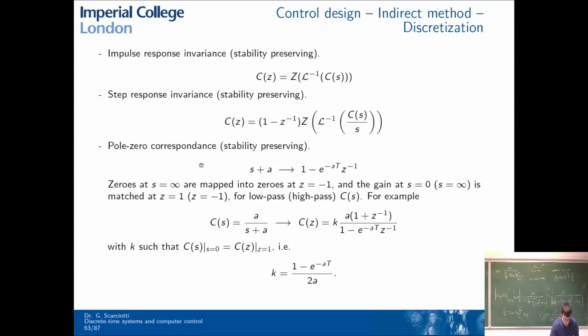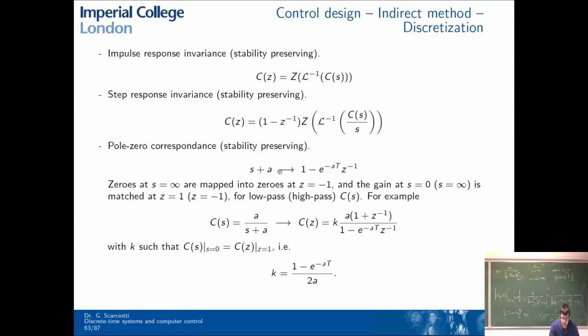Okay, so you know that a pole in continuous time is mapped in discrete time in the following way. Because we have seen that if this is a pole and we compute the inverse Laplace transform of this pole, this corresponds to an exponential, okay?